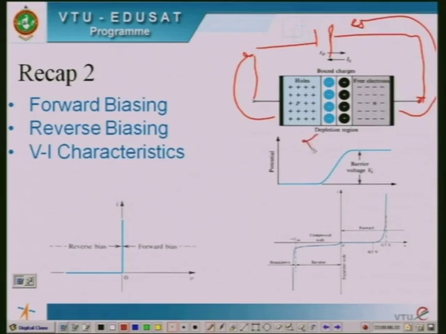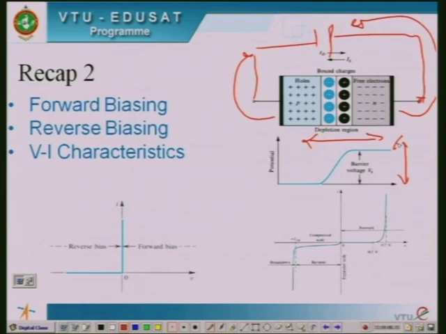Therefore the depletion region increases, and correspondingly the potential barrier that exists because of the depletion region also increases. That blocks the movement of the charge carriers across the junction, so the diffusion current will be 0, whereas the drift current, which is due to the minority charge carriers, will flow, and this drift current is in the range of microamperes.